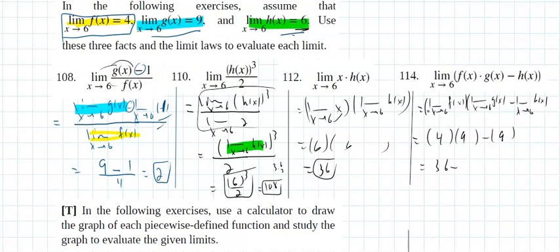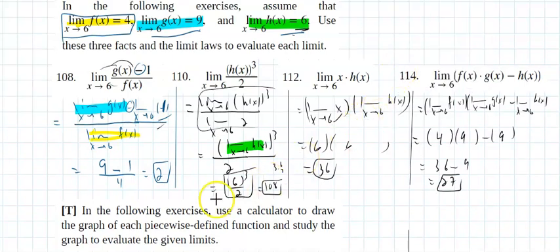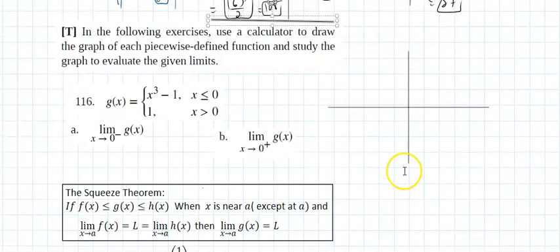And that would be 36 minus 9, which is 27. Okay. And a couple more to go. We're almost done.